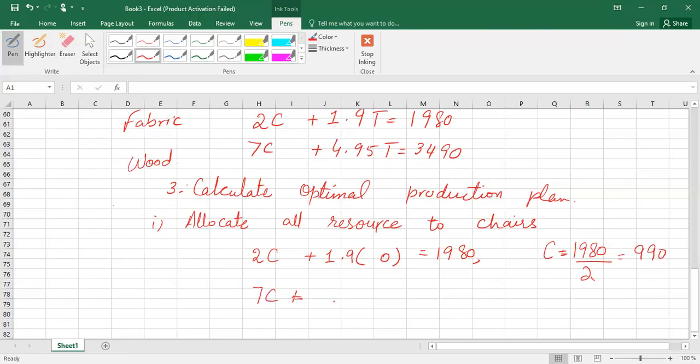Then 7C plus 4.95T, again T is 0, is equal to 3490. So 3490 divided by 7.